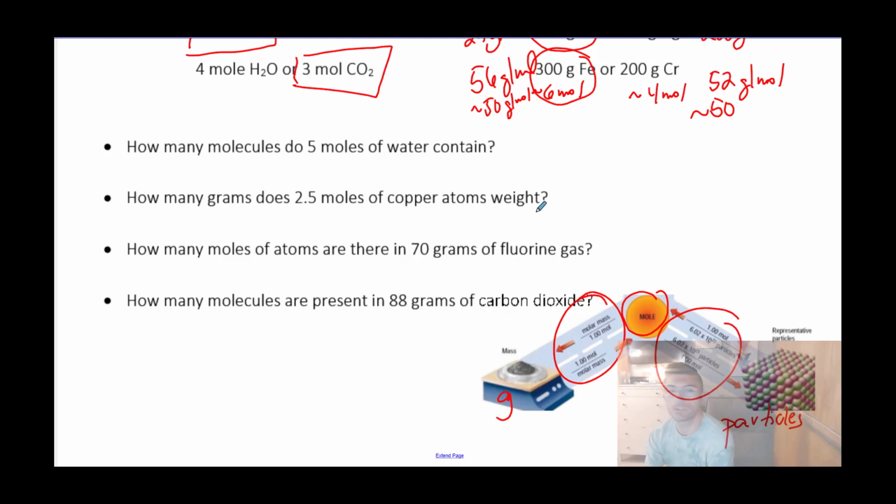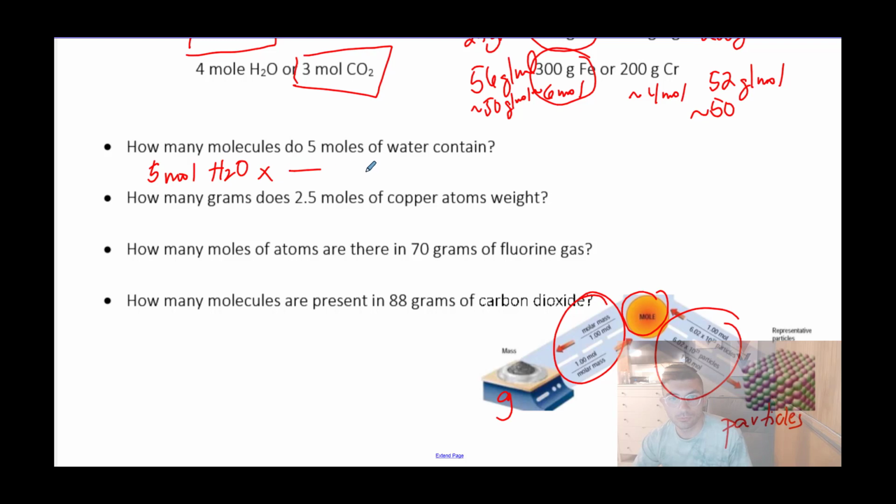So the first example here, how many molecules do 5 moles of water contain? So I need a conversion factor that brings me from moles to molecules. That's Avogadro's number. So we're starting with 5 moles of water.